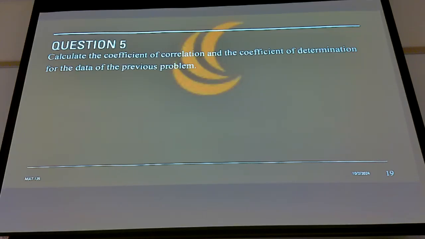Calculate coefficient of correlation and the coefficient of determination.